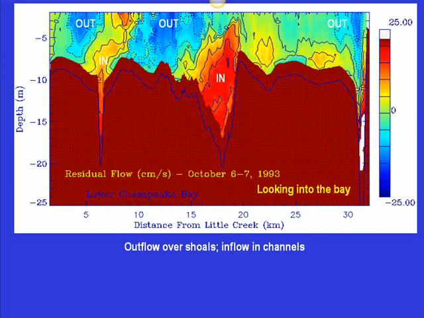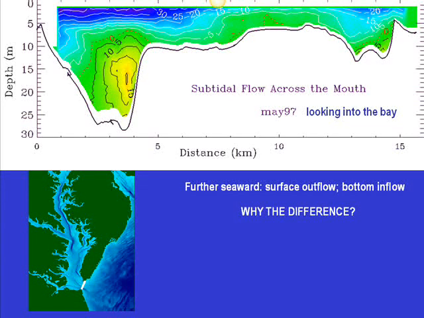So notice that instead of having the estuarine circulation that we had talked about, outflow at the surface, inflow at depth, vertically sheared, now we're talking about a horizontally sheared flow, outflow over the shoals and inflow in the channel. But that's not the case all the time or everywhere. You just go 10 kilometers further down.